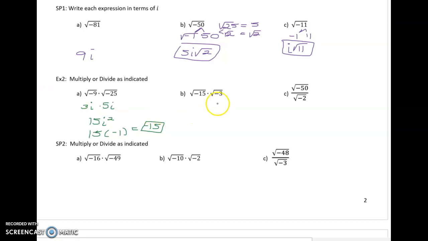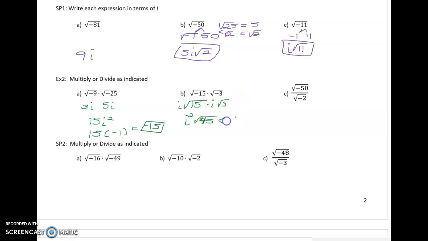All right, so for B, the square root of negative 15 is i radical 15. The square root of negative 3 is i radical 3. The 15 is under the radical and the 3 is under the radical, so we can put them together. i times i is i squared times the square root of 45.